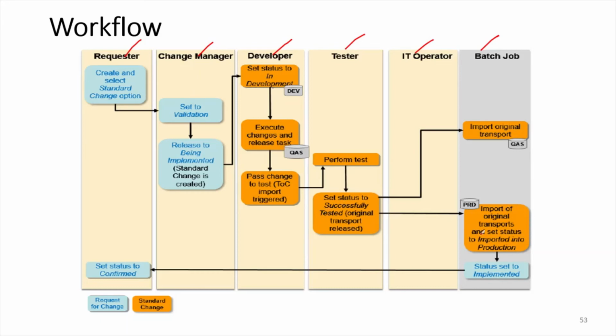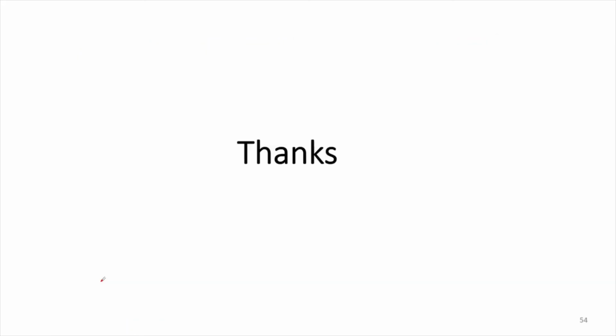And then the import of original transport and set to import into production will be done, and the status will be set to implemented by the background job. And then the status to confirm, this status of confirm is done for the RFC. So all the steps mentioned in the blue box are the steps of the request for change, and the orange box are for the standard change document. So this was the workflow of standard change document.